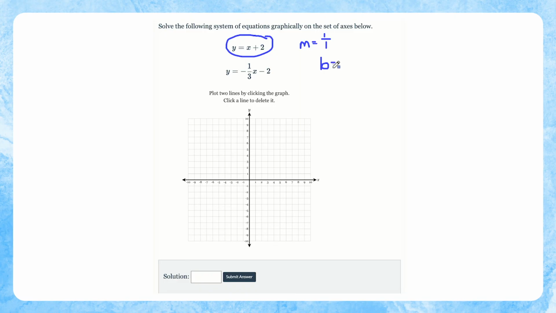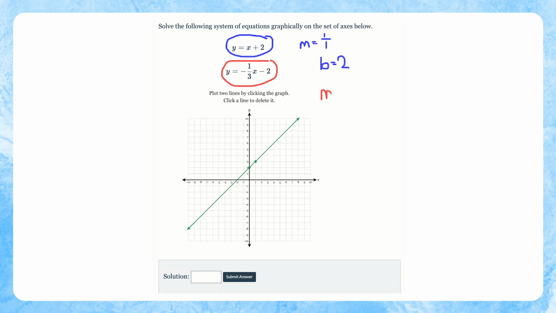Sorry, my writing's so messy. But yeah, identify m and b. You're going to click on 2 points to create your line. So this is the line for the first equation.